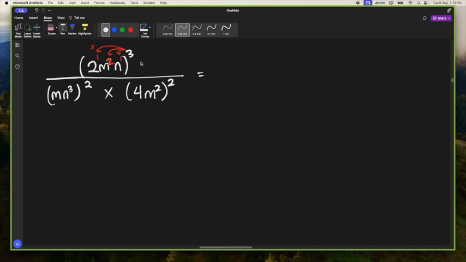So this will be 3 multiplied by this 1 will give me 2 to the power of 3, right? 3 multiplied by this 2 will give me m to the power of 3 2s are 6. And then 3 multiplied by this 1 will give me n to the power of 3. Right? I'll write them with a little space, but they're all supposed to be together like a multiply, right? So they are one number, even though I write it with a little space there.